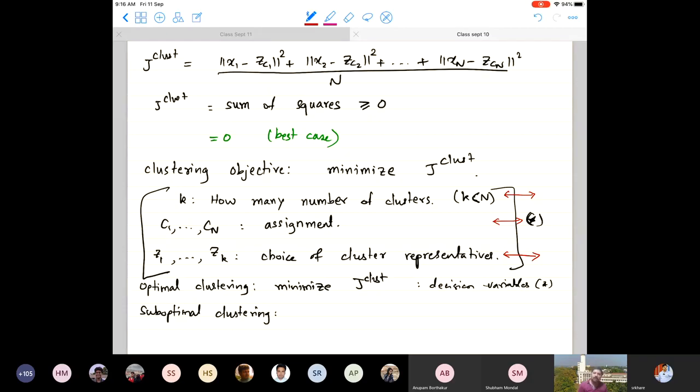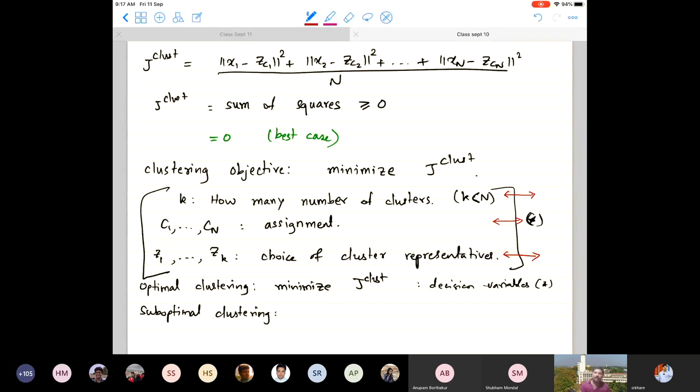These are three different types of decision variables. You can vary all of them, but what we first want to understand is how this clustering objective behaves with respect to each of these types of decision variables.